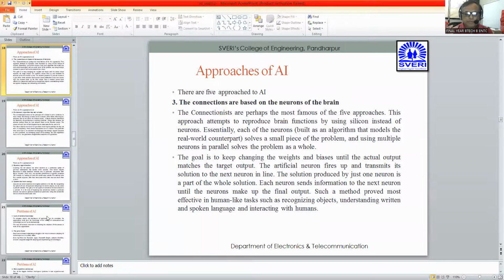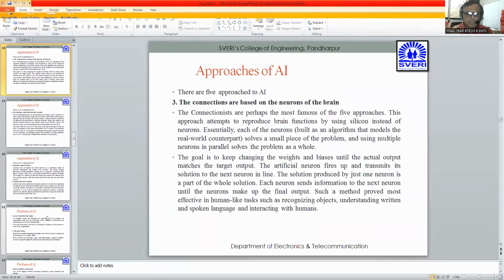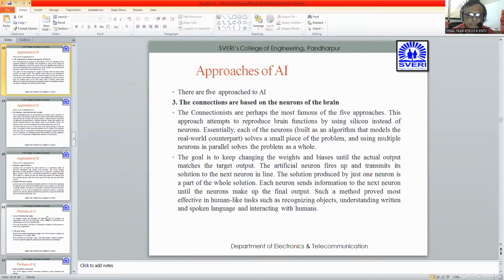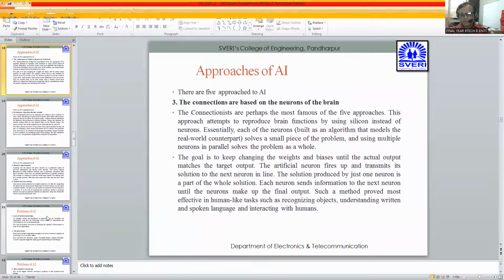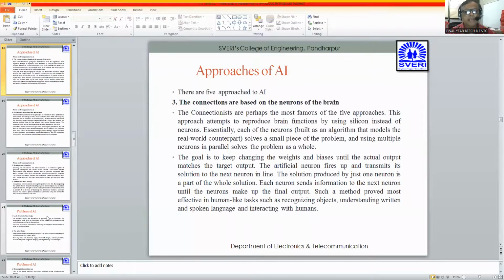So a few neurons working out, and then multiple neurons working together to produce a whole output, is the most important target of these neural networks. Where could it be used? Obviously it is effective in human-like tasks, like what humans do. Similarly, artificial intelligence will also do. So what humans do, the same thing can be carried out with artificial intelligence.